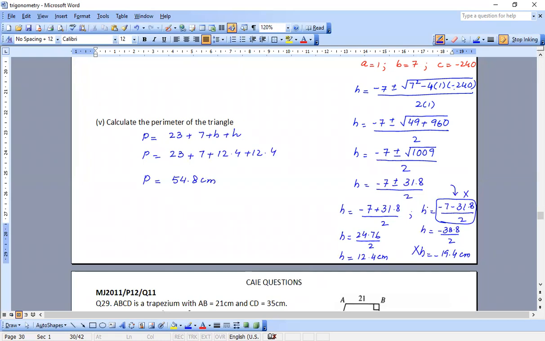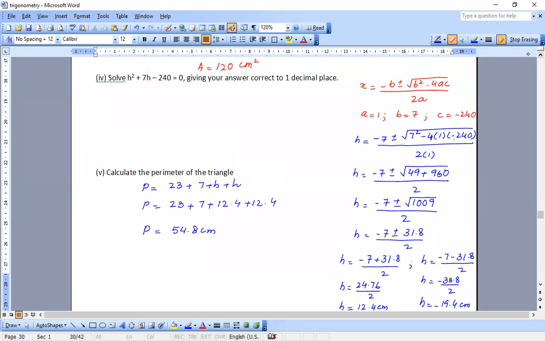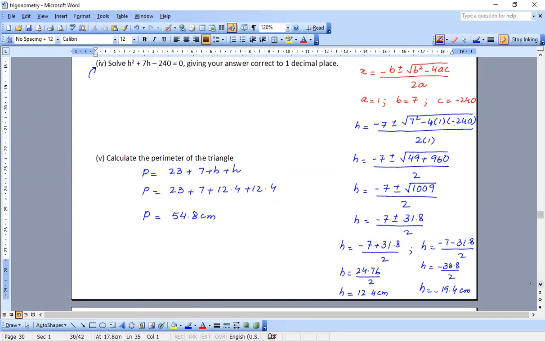Okay, let me just check one thing. I mentioned that we should discontinue from this point, but I did not realize that in part 4 they are only asking us to solve. So we'll continue solving till the end and generate both the values of h.